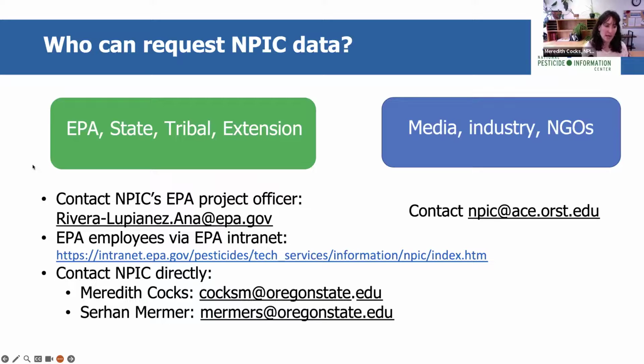That doesn't mean that we share our whole database with EPA quarterly. We share those kind of summary statistics. So it's not the database in its entirety. If someone wanted a quarterly review of the database, then they would need to reach out to us directly, and we could get you that report.